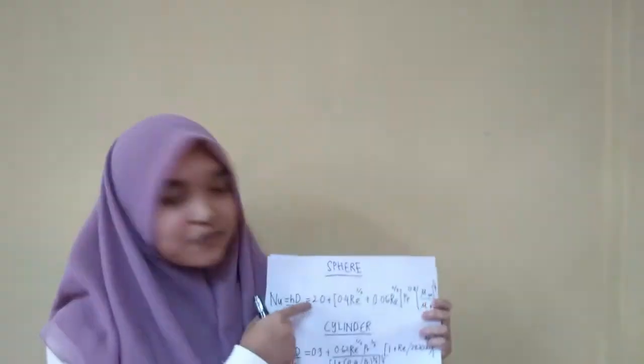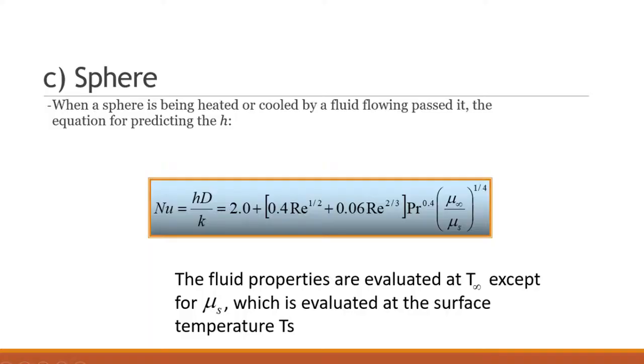I'm Wanaina and I will continue with the sphere part. When a sphere is heated or cooled by a fluid flowing past it, we can determine the value of h by the equation for a sphere.